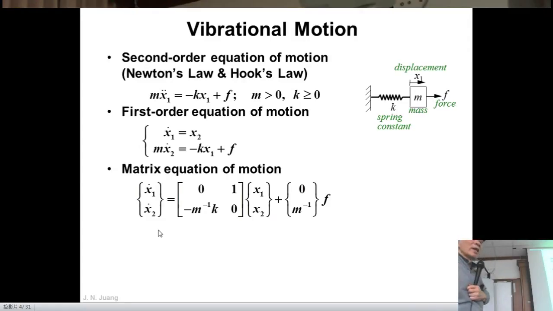Now what is the eigenvalue of this matrix? In control theory, we have to understand the eigenvalues and what eigenvalues give the system.